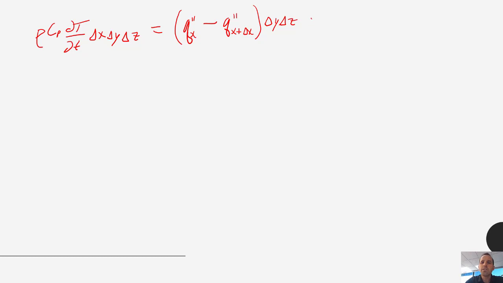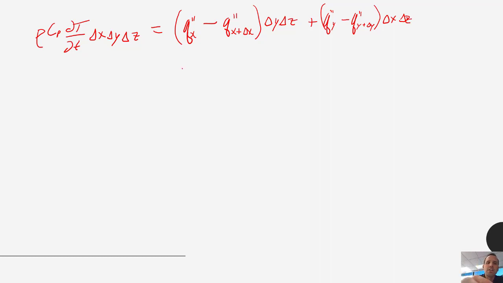Okay, similarly for our y terms, we have q double prime y minus q double prime y plus delta y. Multiply that by the cross-sectional area of delta x times delta z.